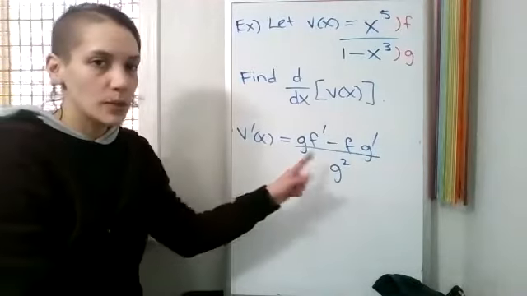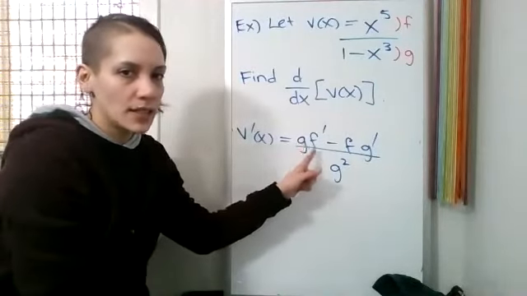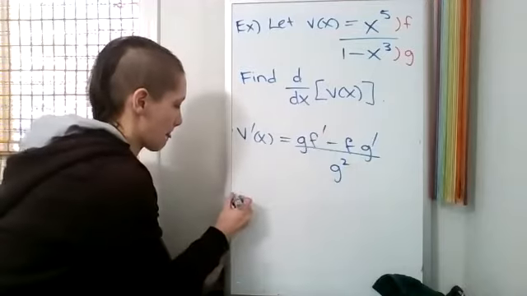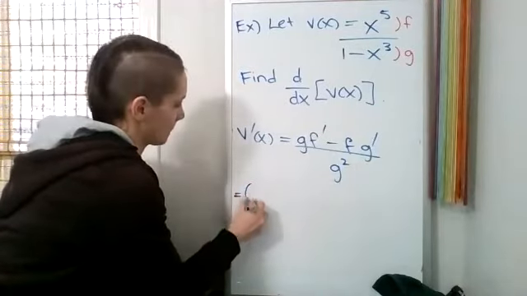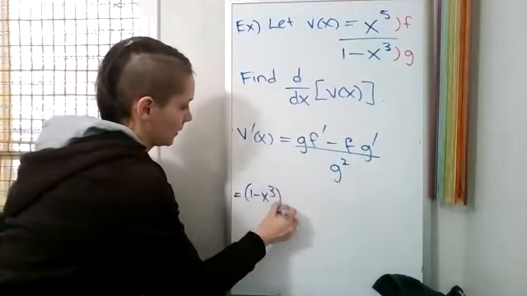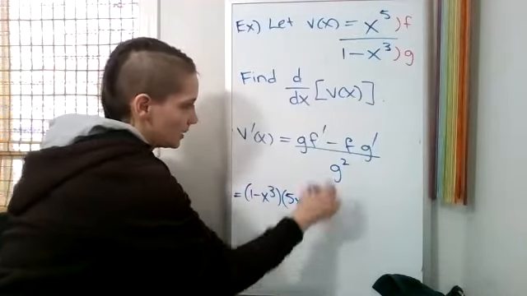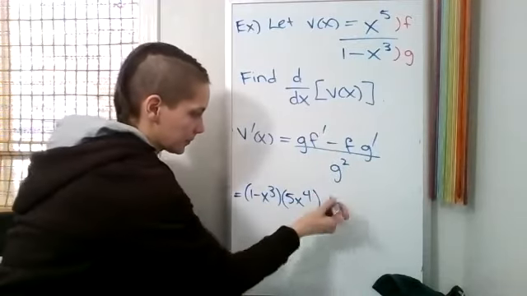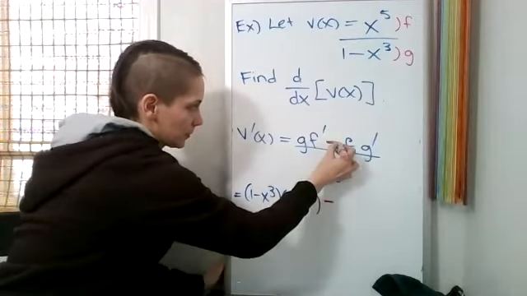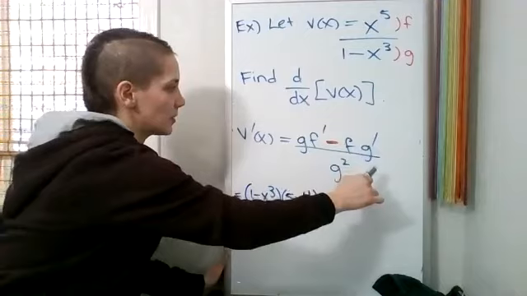And now we actually do this process. g times f prime, then subtract f times g prime.